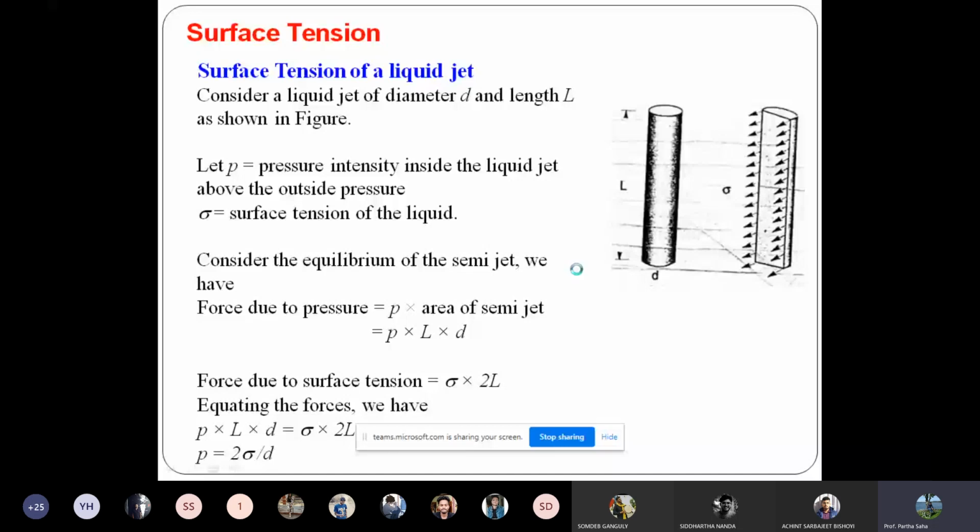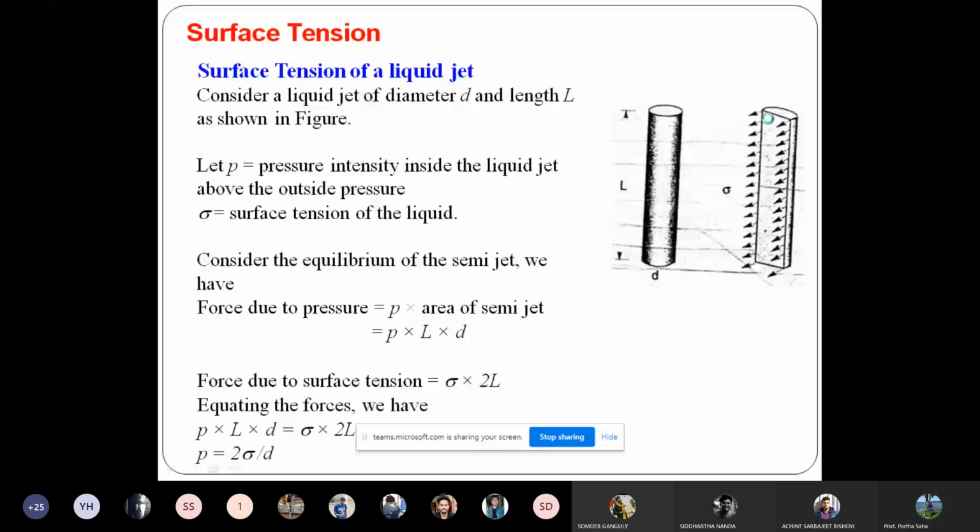That's what I just mentioned for the spherical droplet. The pressure force will be the pressure into area. Now the area is the circumferential area, that is the length and the D, L D. So the total force will be P into L into D. And what is the surface tension force? As I mentioned, it's a line tension, so that is acting at the 2 edges of this semi-jet.